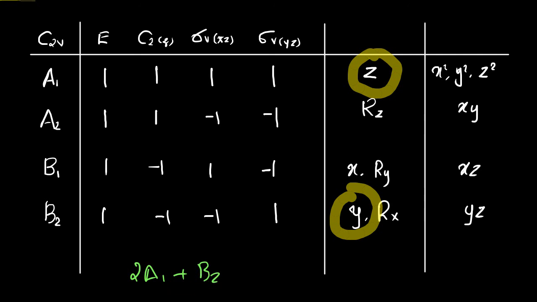So what can we conclude from here? We can conclude that a fundamental transition will be Raman active if the normal mode belongs to the same representation as one or more of the binary products of the Cartesian coordinates. Let me write it here.